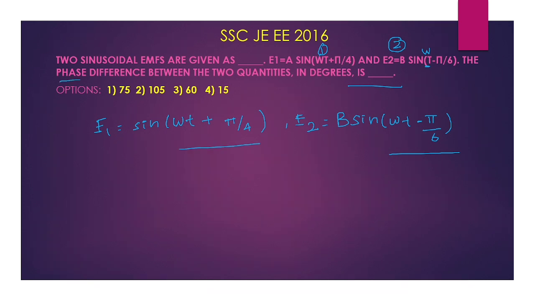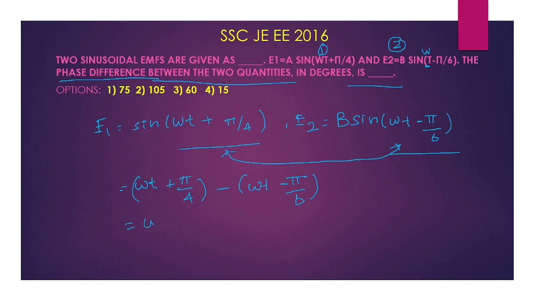We need to find the phase difference between the two quantities, so we just subtract the two phase values: (omega t plus pi by 4) minus (omega t minus pi by 6).